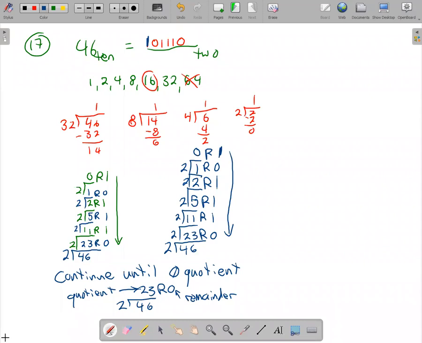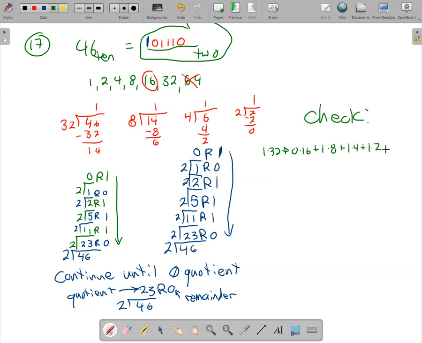Now, I could have messed either of these up. It could be wishful thinking that they both match. So I'm just going to expand it to make sure I got it right. So again, my places to check this, so that should be my answer. To check, I'm going to expand it. I have to remember that the top place was 32. I have a 32, and I have no 16s, and I have an 8, and I have a 4, and I have a 2, and I have no 1s.